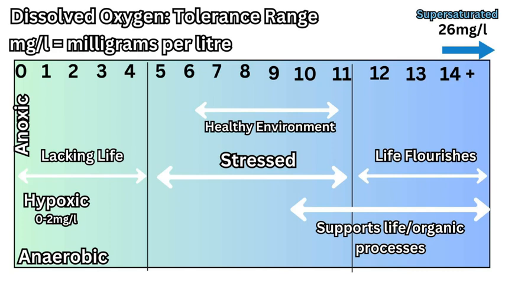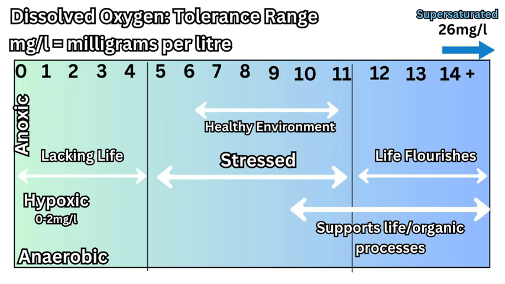Now, certain animals have evolved to live in environments with lower DO, versus some fish and animals that have no tolerance for that and only survive in a higher DO amount, which is 10 or 11. So then you get an environment with plentiful dissolved oxygen, so anything above 12 to 13, 14 plus, all the way up to around 26 milligrams per liter, which would be termed supersaturated, which means there's a lot more oxygen pushed into the water than the water can really hold.